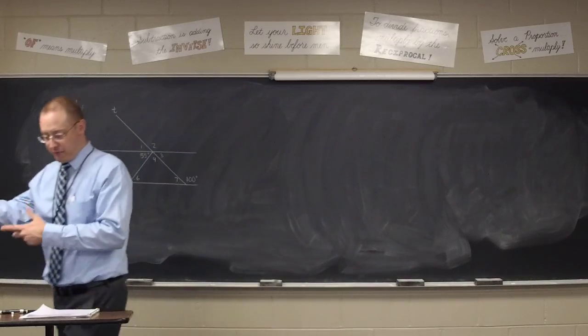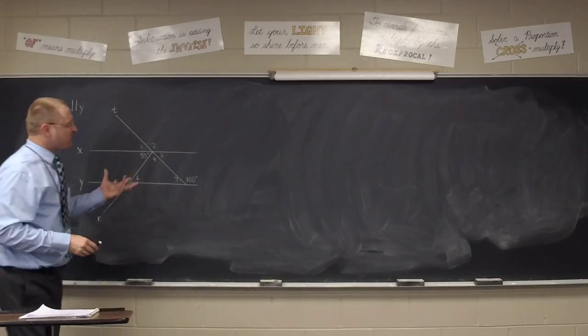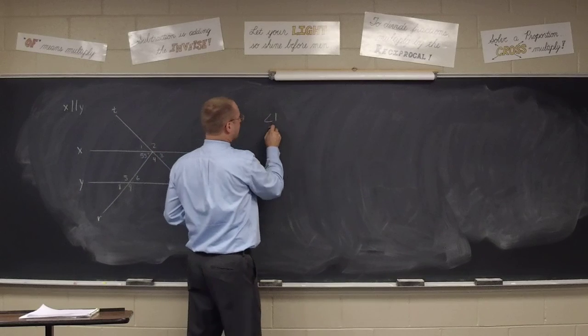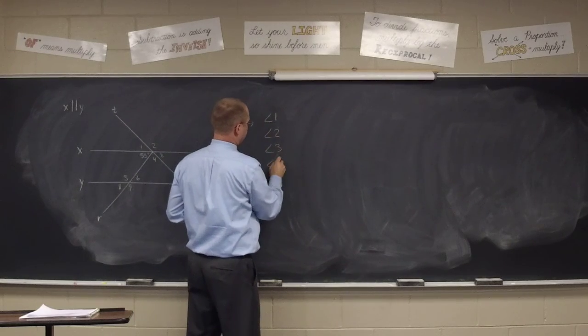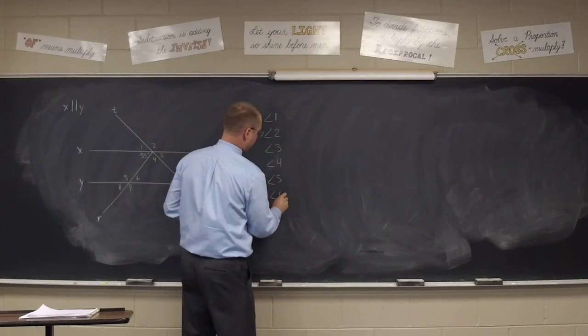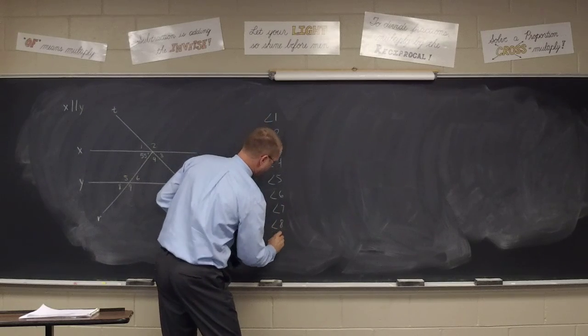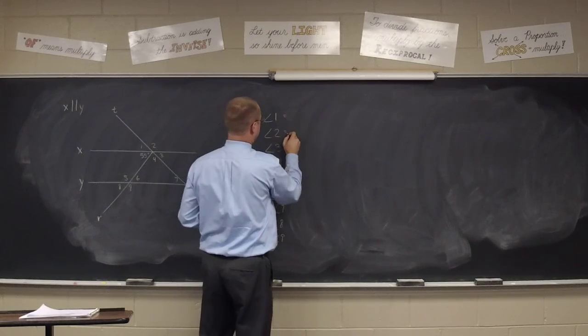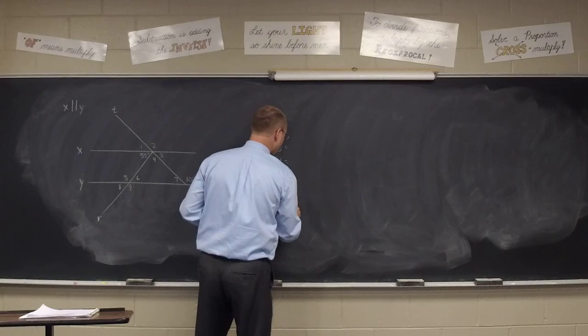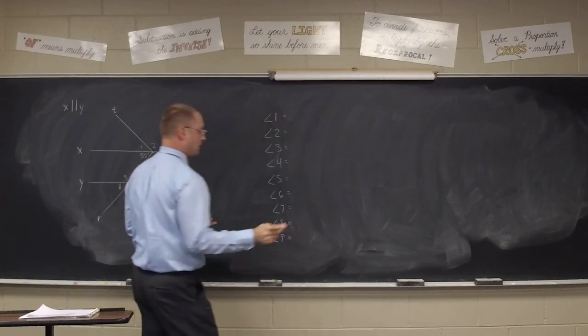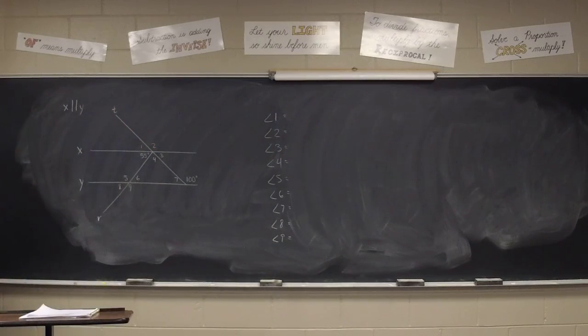Once you figure this out, you got to figure that out. So we're just going to figure it out one thing at a time. Make a little list: angle 1, angle 2, angle 3, angle 4, angle 5, angle 6, angle 7, angle 8, angle 9. We're just going to go one at a time, not in order necessarily, but just, hey, I know this angle must be this big because.